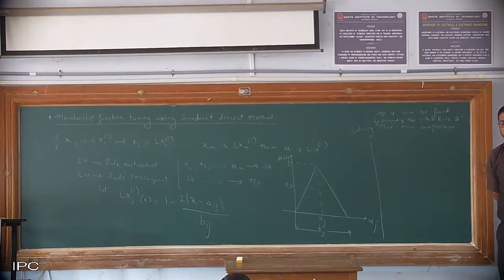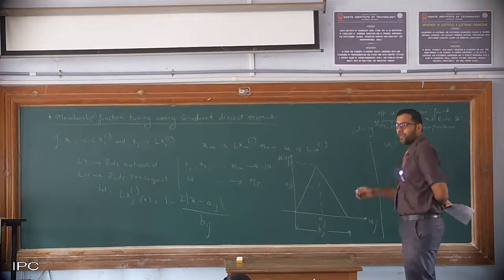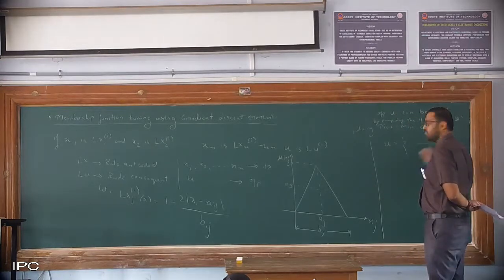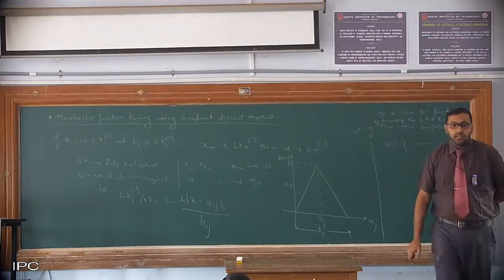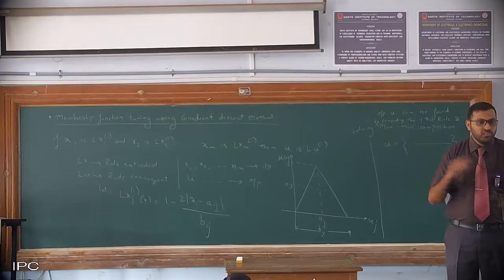A new antecedent is introduced and all such kind of things are there. So we also perform max-min compositions, and then we get an output that is nothing but a relation R, or what we can say U. एक output U मिलेगा तुम्हें, which is nothing but a fuzzy set. ठीक है? Now this is nothing but your fuzzy set, which is going to go for defuzzification block.